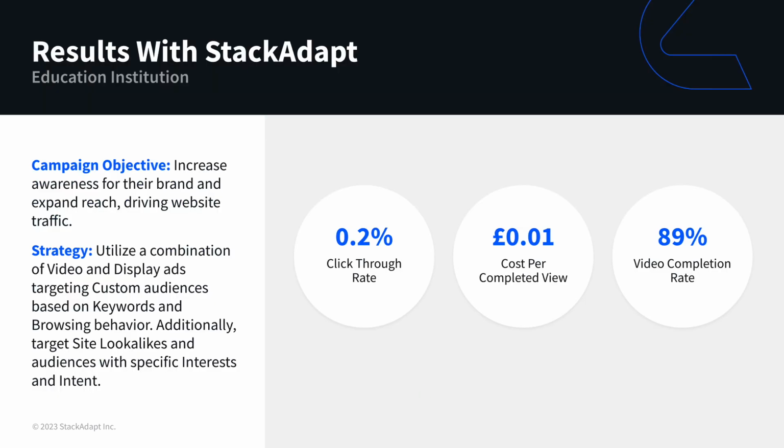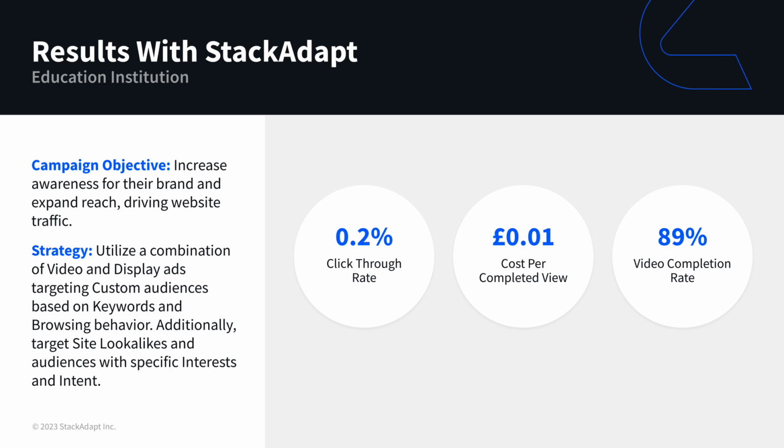And last quarter, I was able to manage a campaign around an institution. The campaign objective was to create awareness of the brand and of the courses, expand reach, and drive website traffic. And we did this through a combination of video and display ads.